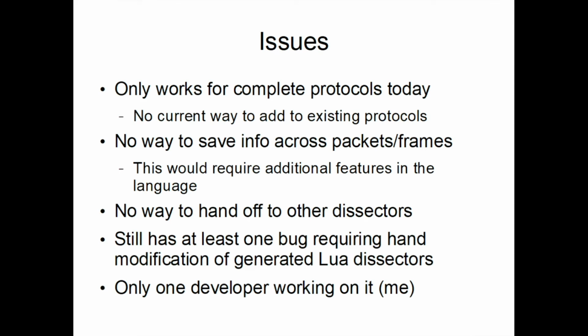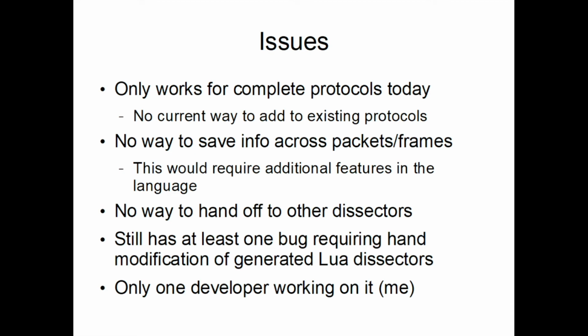Other issues: it really is only usable today for complete protocols. So if you've got a proprietary protocol, or a little-known protocol that nobody has written a dissector for, then you could use this to generate a dissector for that complete protocol. What it cannot be used for: there's no current way that I've thought of so far to generate code for an existing dissector that is not complete.